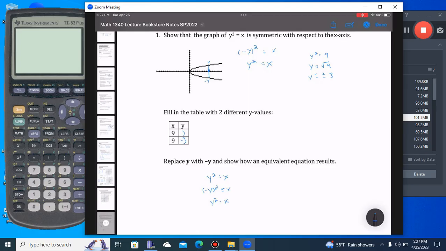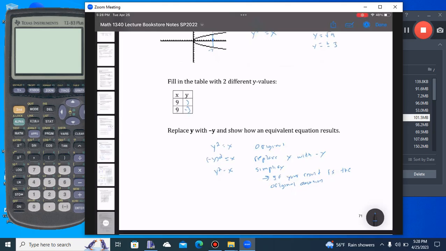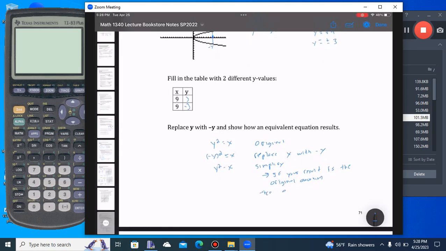So take the original, replace y with negative y, simplify, and if your result is the original equation, then the equation is symmetrical to the x-axis. Okay.